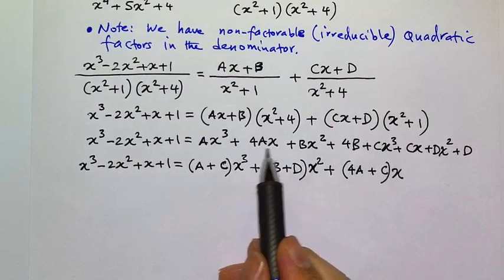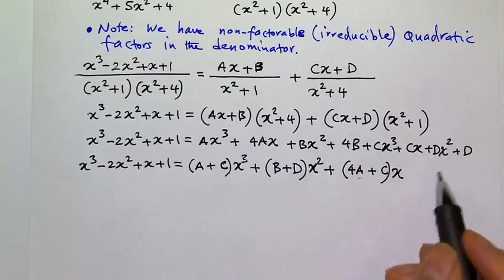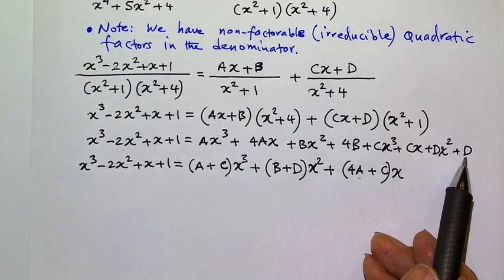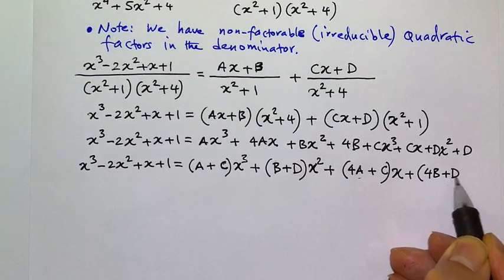Then x: 4ax and then cx, right? 4a plus c with x factored out. And then, of course, the constants are 4b and d. Like that.